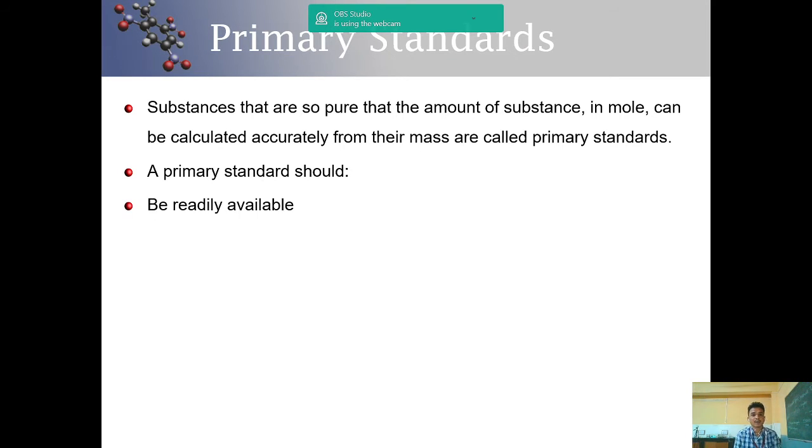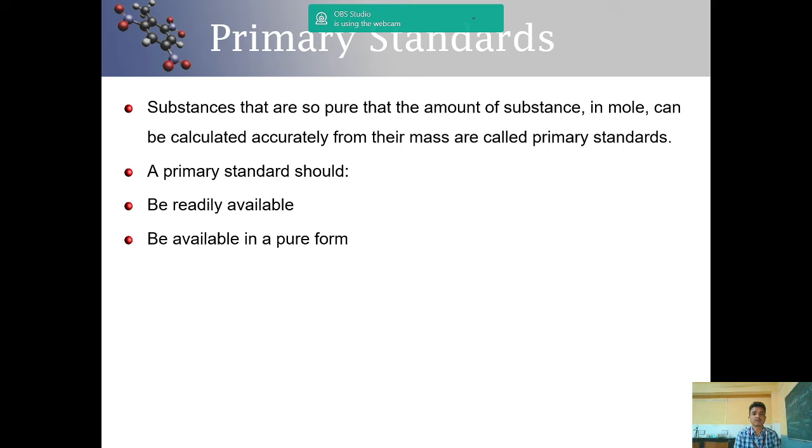The first requirement is that primary substances should be readily available, in the market or in the laboratory. Next, primary standards should be available in pure form.